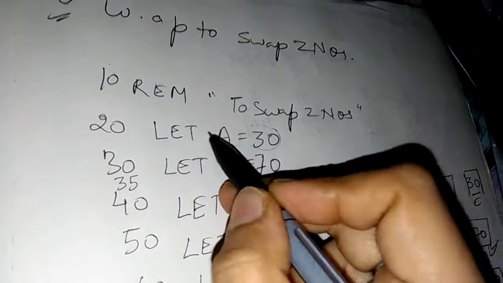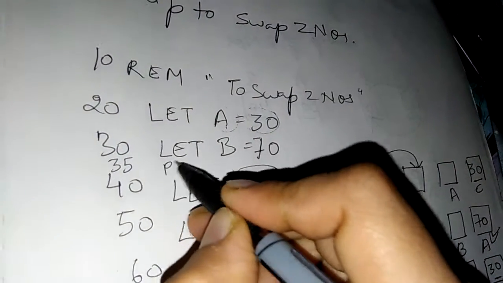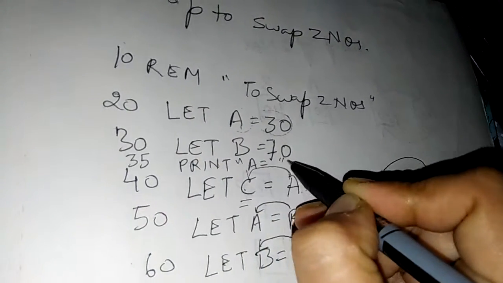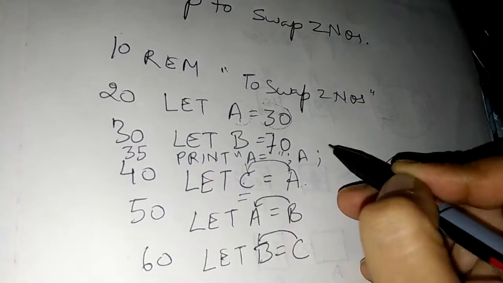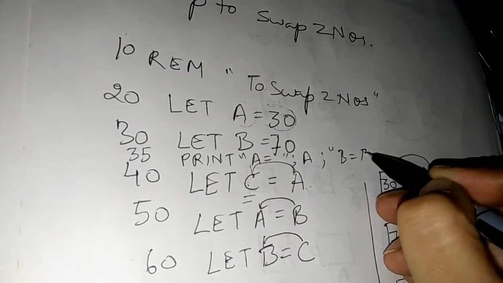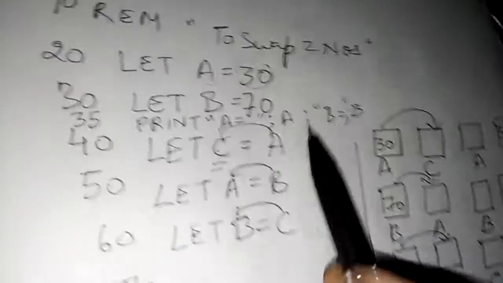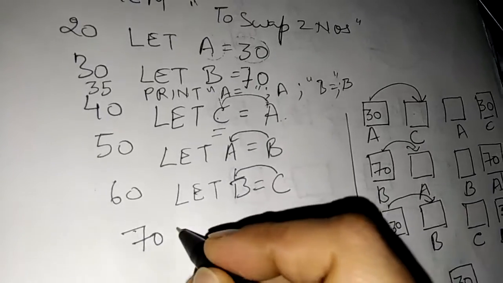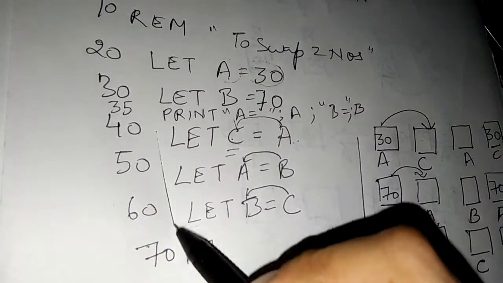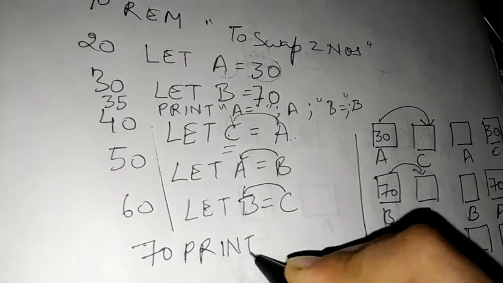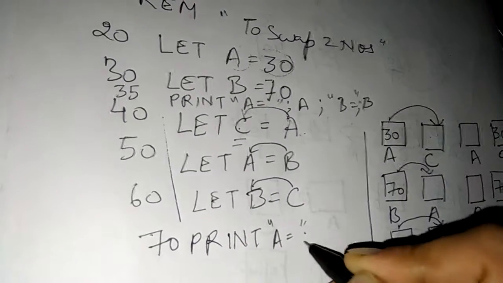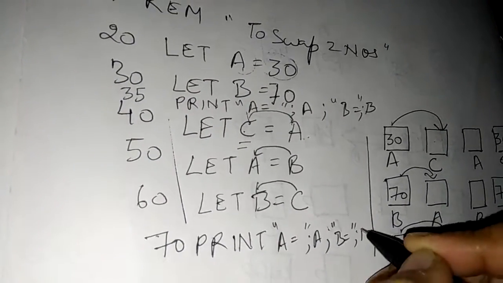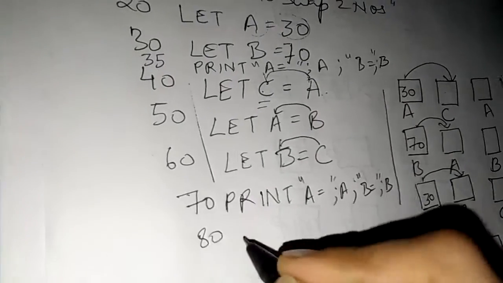After I have taken the input or initialized the values of A and B, we should print their values, so we write print "A = ", A and "B = ", B. This statement will print the initial values of A and B. After the swapping of the values, I will print "A = ", A and "B = ", B again, and then END.